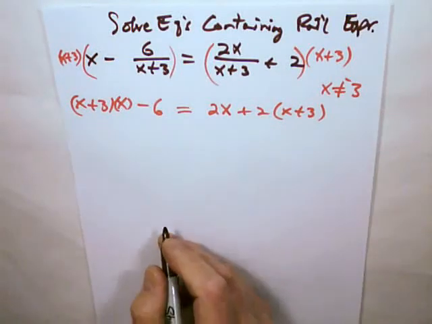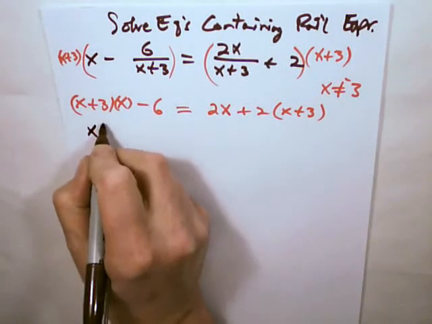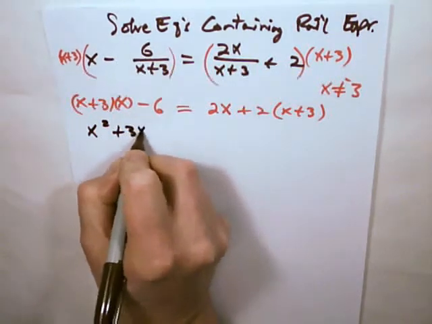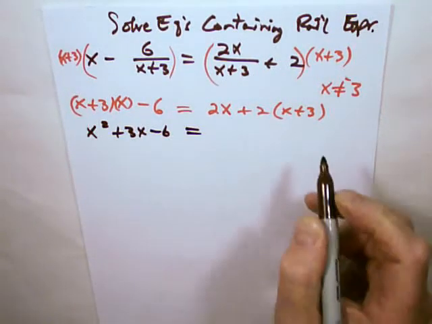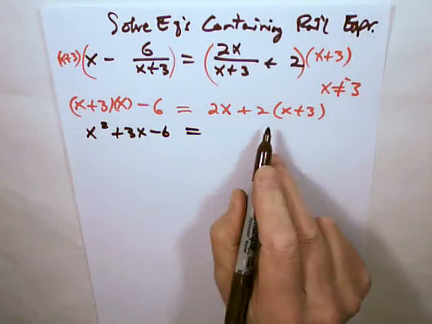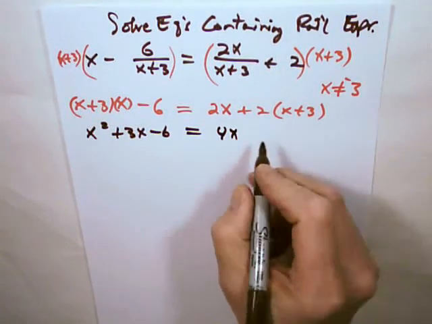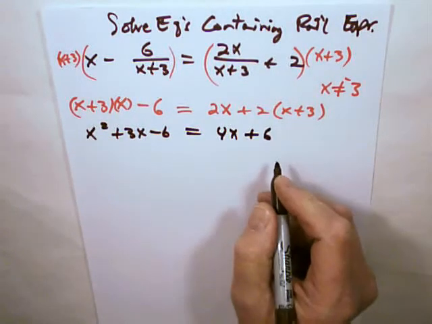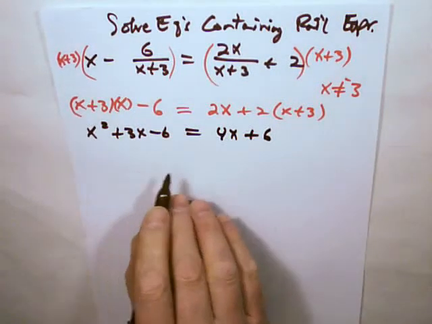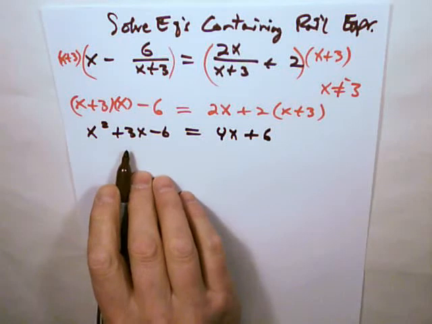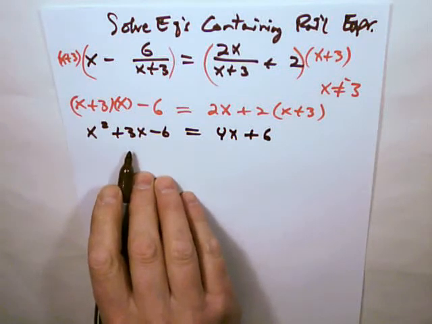Okay, now let's go on and solve this thing for x and see what we get. On the left-hand side, I got x squared plus 3x minus 6. And on the right-hand side, we're going to end up with a 2x here, 2x there, 4x, and then the 2 times the 3 is a plus 6. Now watch me closely, because this is where everybody drops signs all over the place, so make sure I don't make any mistakes.